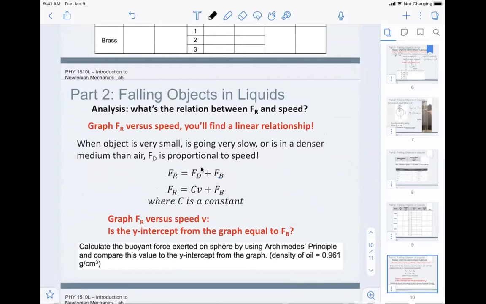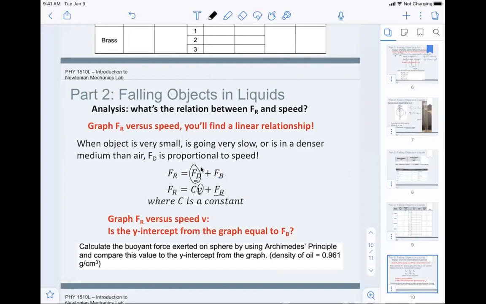All right, so let's take a look at our equations. So here for dropping spheres, we simply tell you it is a linear relationship between the drag force and your velocities. So this is a given. Previously we were looking at how drag force is related to velocity. Here, we already tell you it's C times V. What is interesting is you're going to try to find your buoyant force.